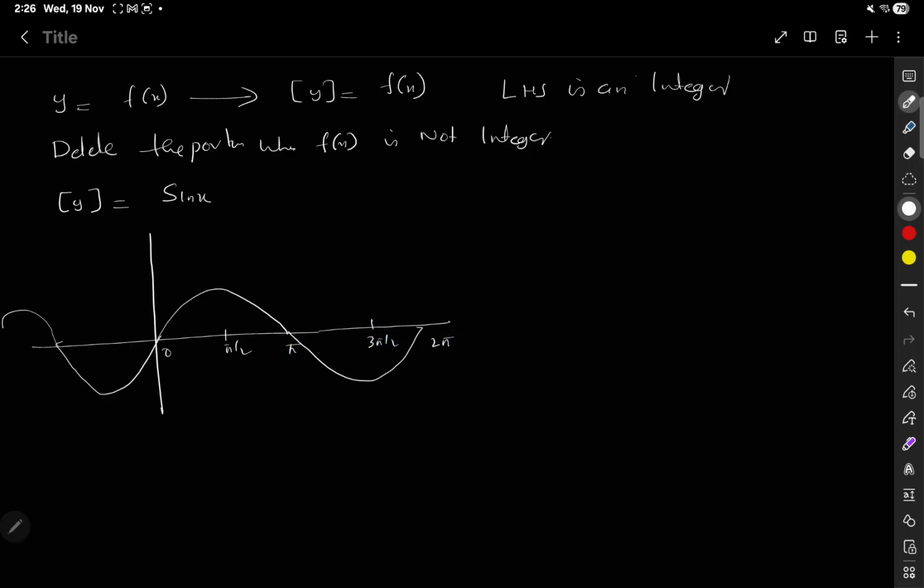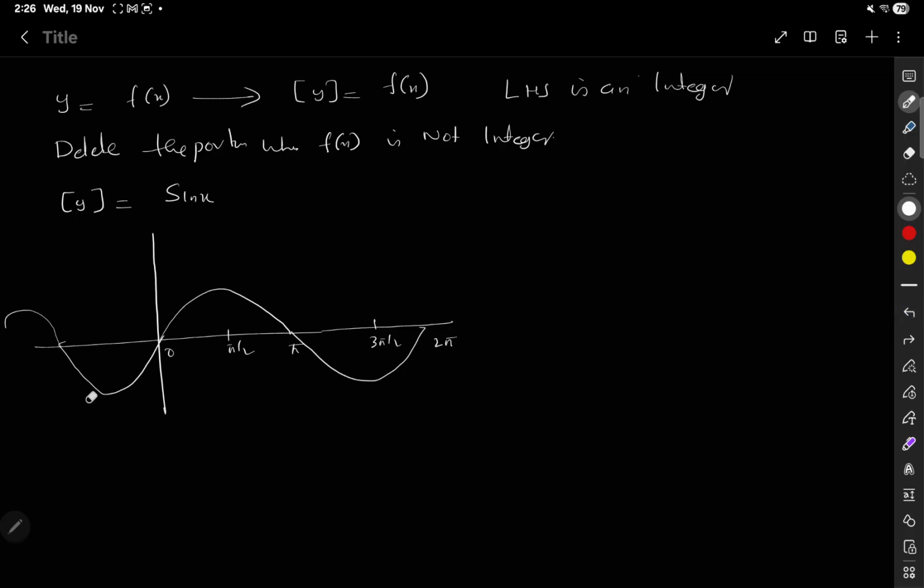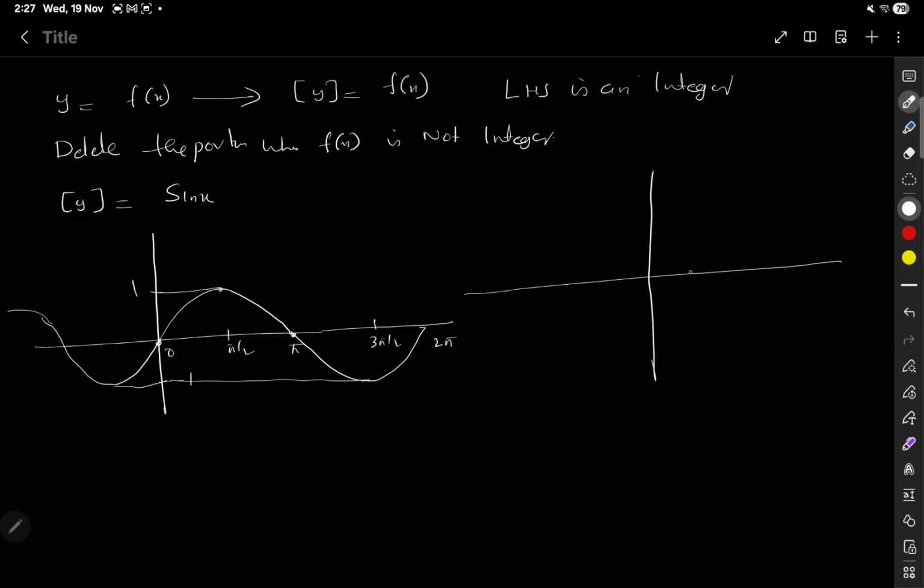This is 2 pi. Now what to do? Okay. Mark integers. Only consider these points when it is an integer. Okay. All others you delete. This also integer. This also integer. Now listen very carefully.